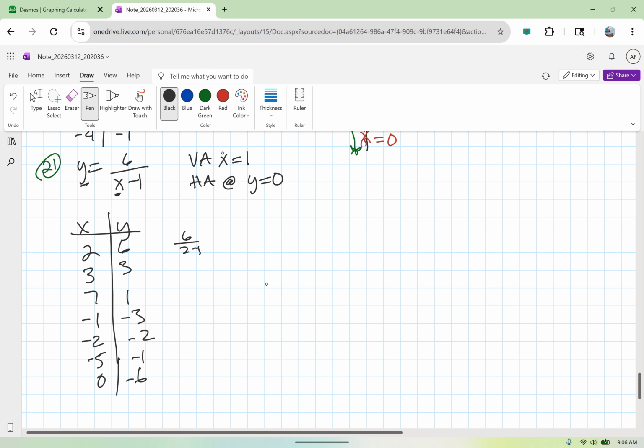All right, again, specific graph. You don't need Desmos for this. You need to be able to do what's happening here for the test. Okay, draw in our asymptotes. We have a vertical asymptote at x equals 1, a horizontal asymptote at y equals 0.